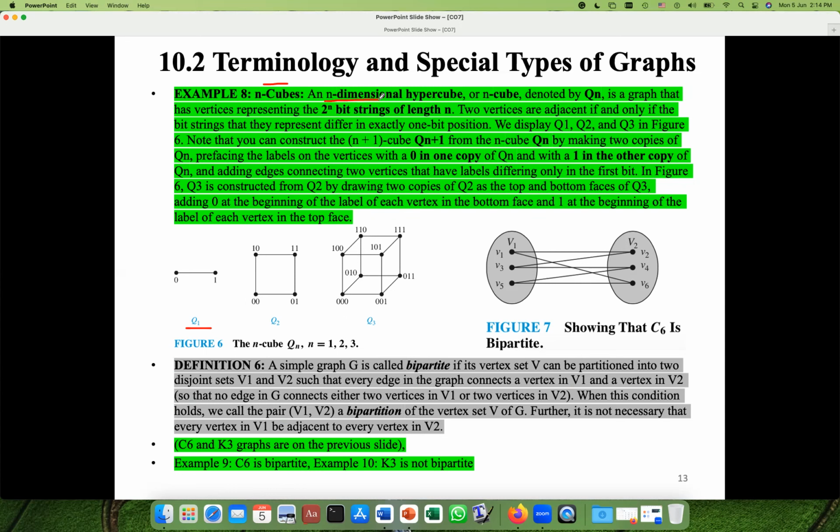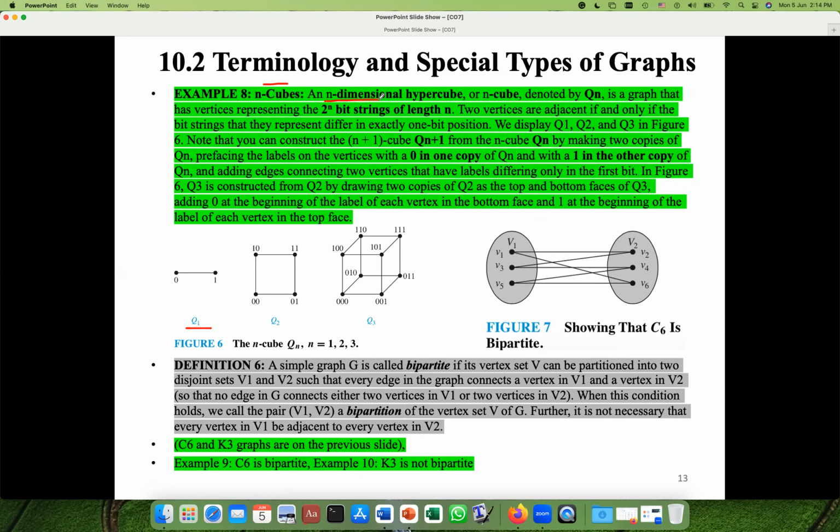So you can get your next Qn plus 1 graph from the previous Qn by making two copies of the previous one. And here you can see at the bottom we have this one, and at the top we have just two copies. So this is the third thing that you have to remember, that we can get the next graph from the previous graph by making two copies.